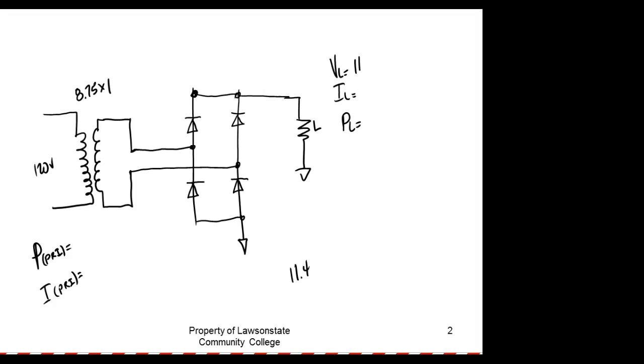We got 120 in, 12.6 out. That's still not going to work out. Let's try it with 9.5. So it's 120 divided by 9.5.